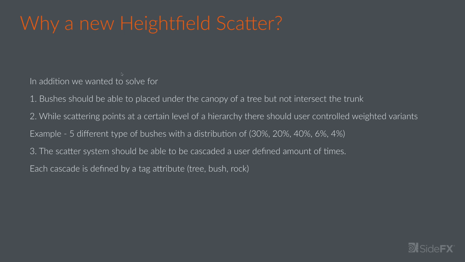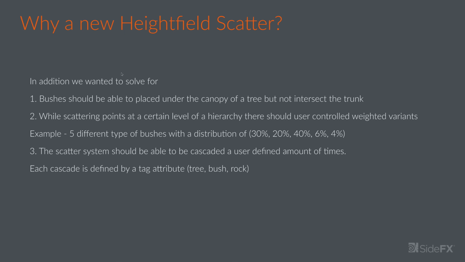The other thing we want to do is, while scattering points at a certain level of the hierarchy, there should be controlled weighted variance. And let me repeat that again, controlled weighted variance. What I mean by that is, again, take the example of placing bushes underneath the canopy of a tree. It doesn't have to be just one bush. It could be 3 or 4 different types of bushes that are placed there.